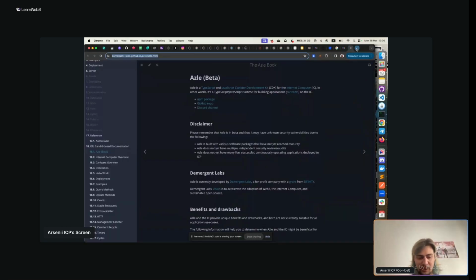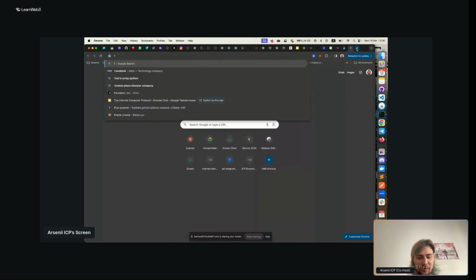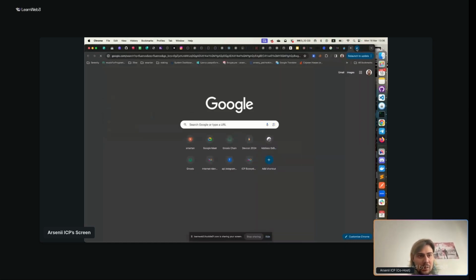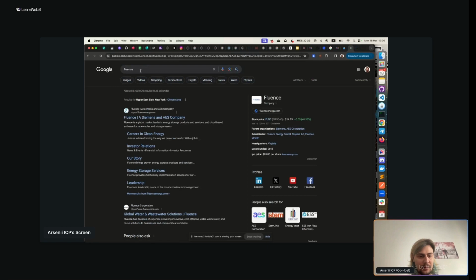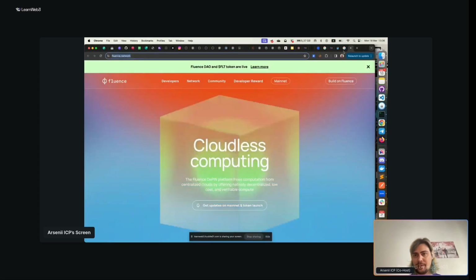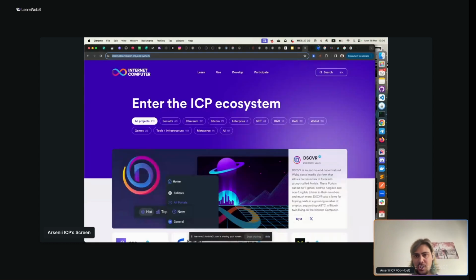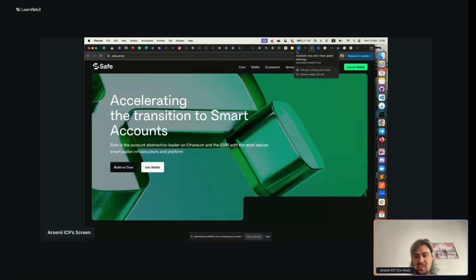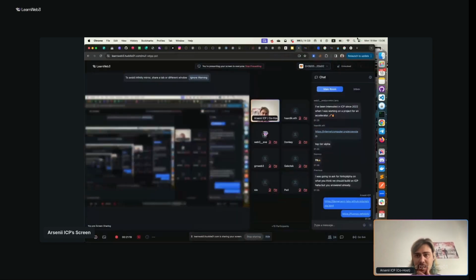And for peer-to-peer communication, you can use Fluence, for example. You can try to use it for peer-to-peer communication, not through the smart contracts, but directly.